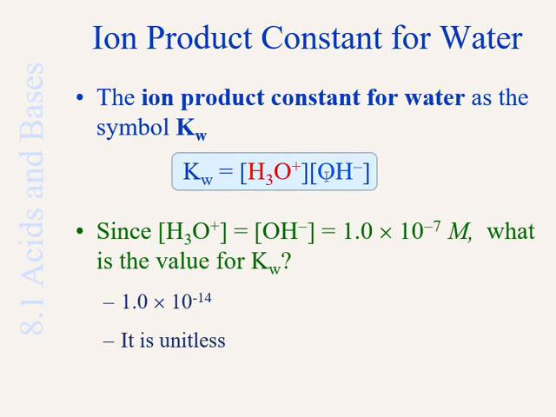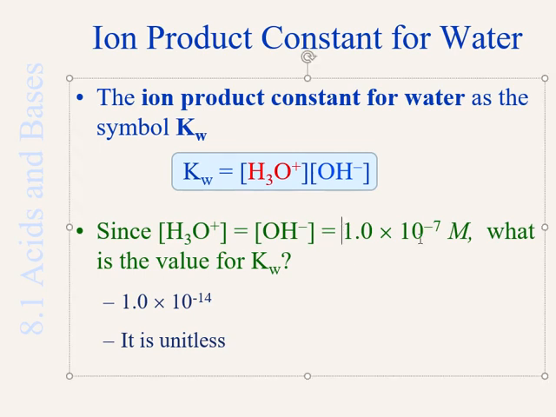Only then would the product of these two still equal the same number, which remains constant, which is here actually 1.0 times 10 to the negative 14. So increasing the acid concentration invariably decreases the base concentration in water.